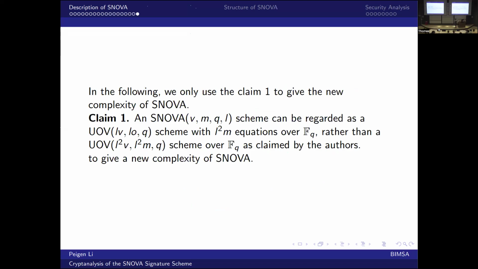In the following, we only use claim 1 to give the new complexity of SNOVA. Claim 1 says that the SNOVA scheme can be regarded as a UOV scheme with an oil space of dimension only L times o over Fq.